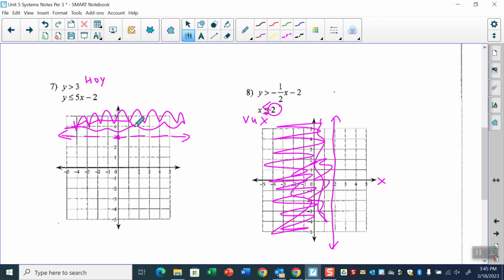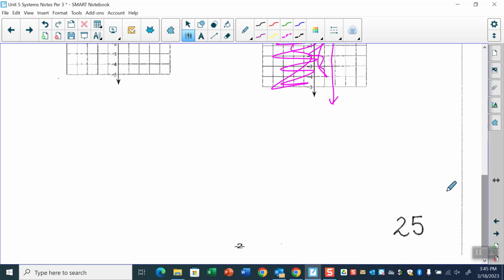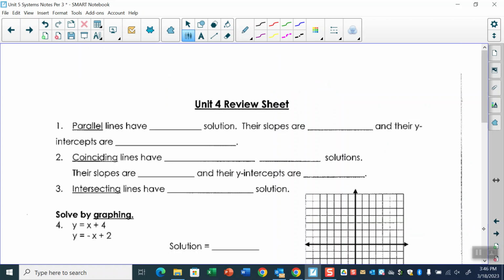And then you can always check your y-intercept and your slope using Desmos. But these are all in slope-intercept form, so they should be easy to graph. So that was pages 22 to 25. I'll go ahead and stop there, and then I'll have a separate video for the review.